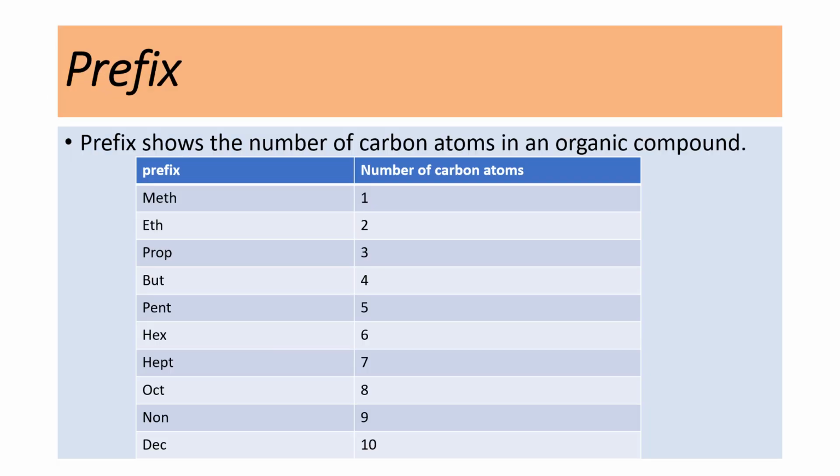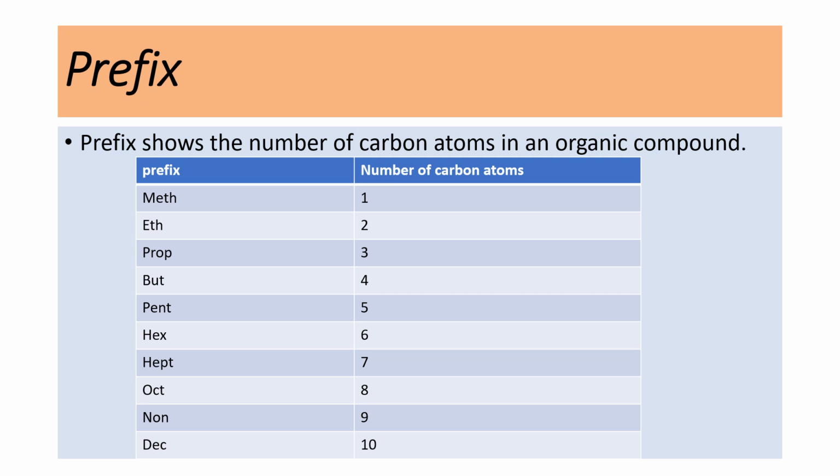Let's now talk about prefixes, which are very cardinal for you to understand the names of organic compounds. The first thing that I can advise you to understand is the prefix. I think it will be easier for you to know the names and chemical formulas for every organic compound. A prefix shows the number of carbon atoms in an organic compound.